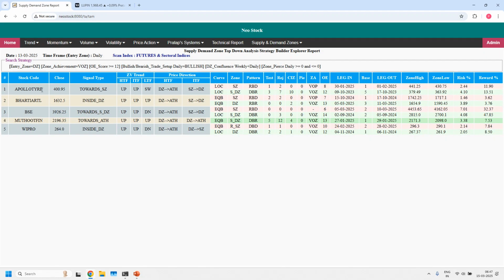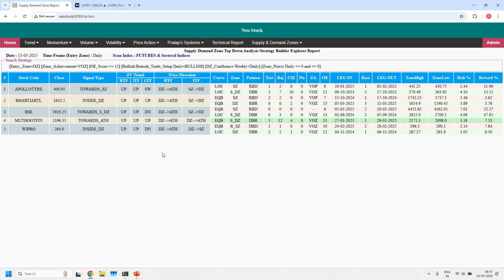Okay, now we got 5. Is it good enough? No. Still, we need to identify even higher probability to get success. How do we identify? Here all these stocks are supporting a bullish trade setup. See, the trend is an uptrend, ITF trend. Luckily, the HTF trend is also up in all these stocks. But in these uptrend stocks, because these daily zones are overlapped with the weekly zone, that means the daily zone is inside weekly.